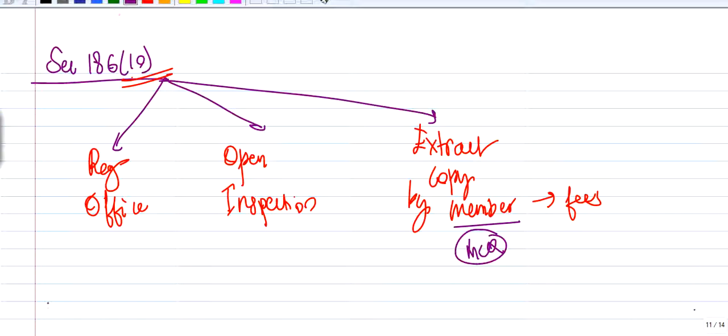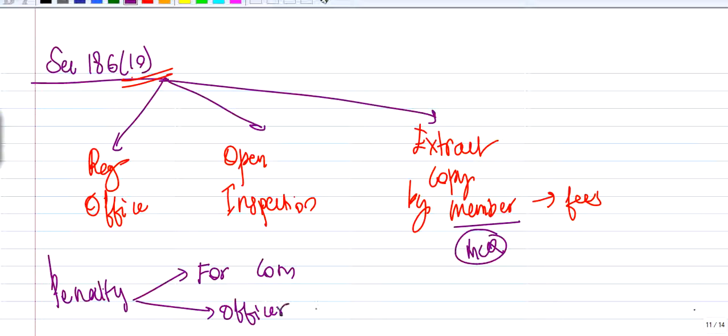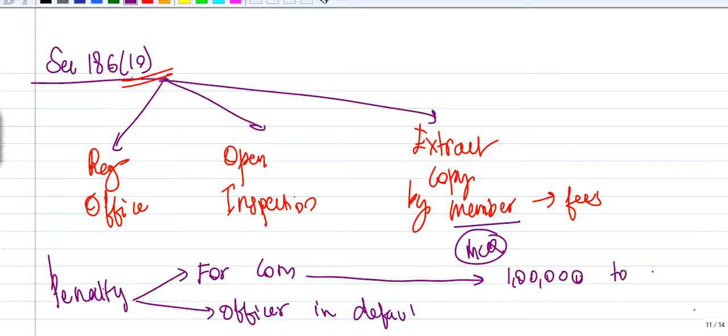What is the penalty in case of contravention? Penalty for company, officer in default. For company, imprisonment is not possible, of course. 25,000 to 5 lakh.